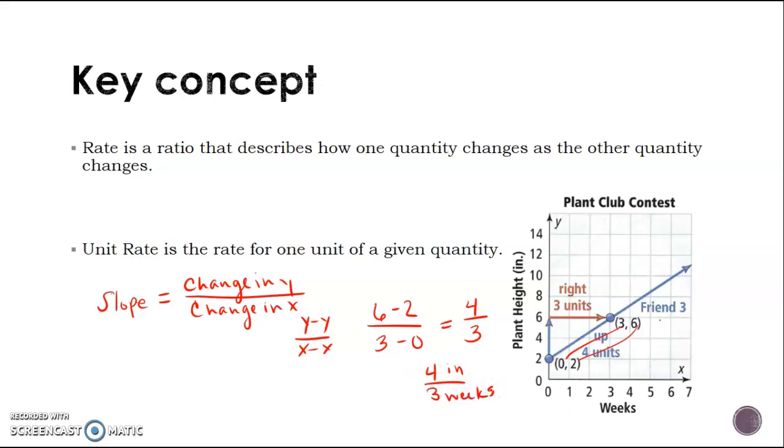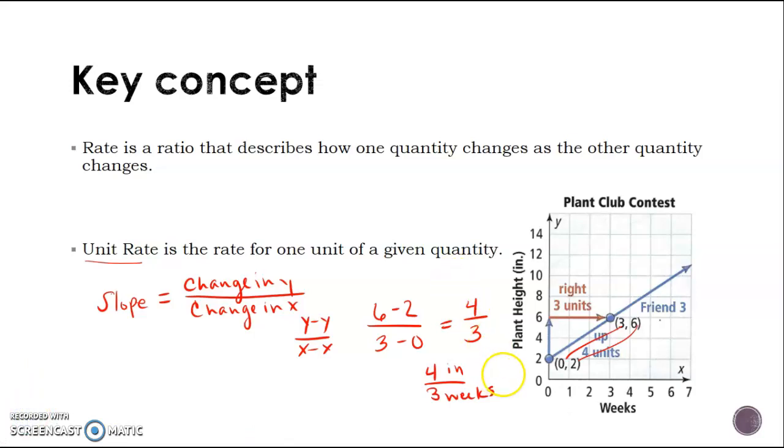Now, it could ask for a unit rate, and if it asks for a unit rate, that's us wanting to know how many in 1. So our bottom number, if we're doing a unit rate, is always a 1. And so how we would figure that out is by taking 4 and dividing by 3.